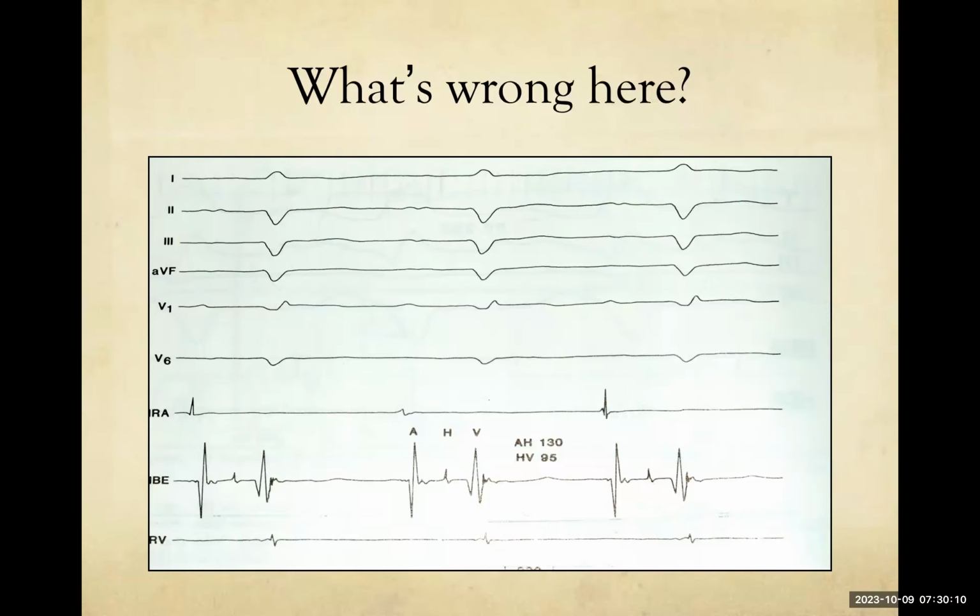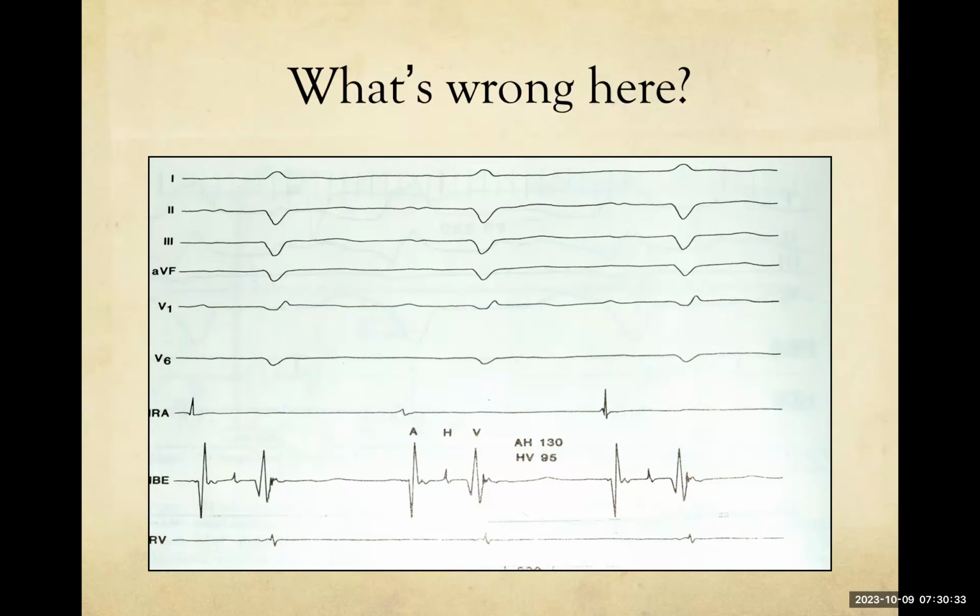So what does the HV interval typically represent for us? Is it the AV node conduction or the His Purkinje? The His Purkinje. Right. So the AH, remember that we can't actually record the AV node on an intracardiac EP study, not with standard catheters.